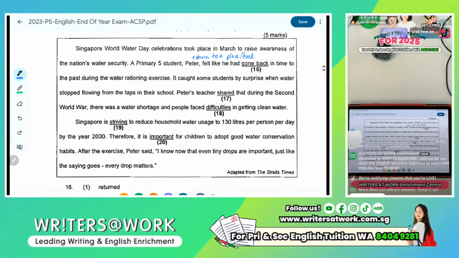It caught some students by surprise when water stopped flowing from the taps in their school. Peter's teacher shared that during the Second World War, there was water shortage. So when you share something, it means that you tell somebody your thoughts and feelings.